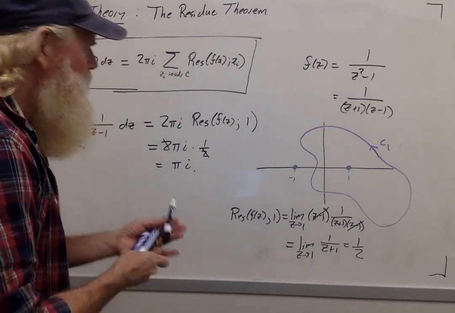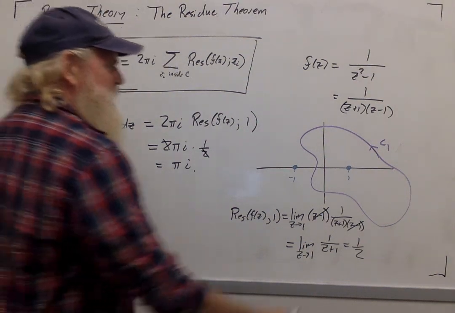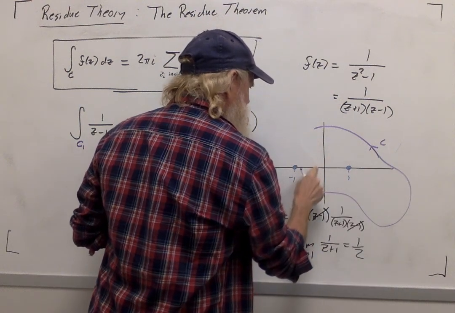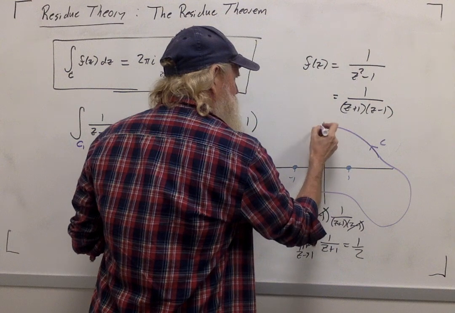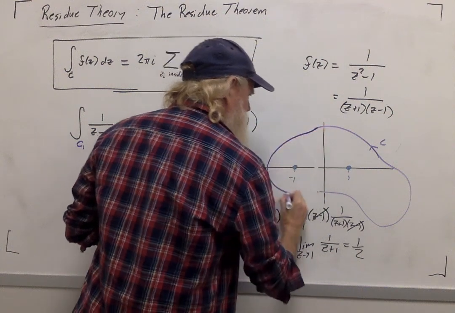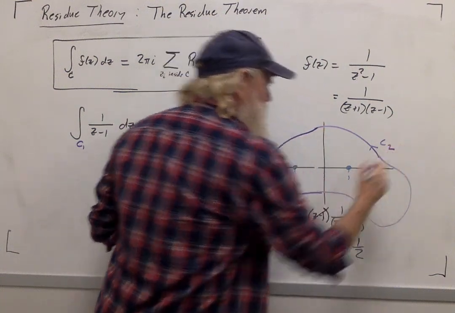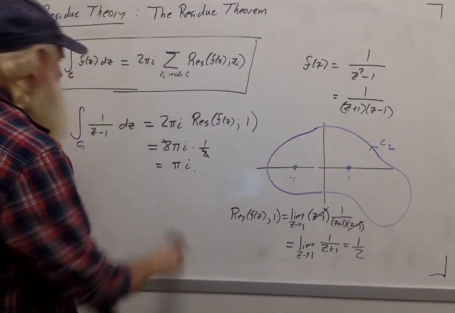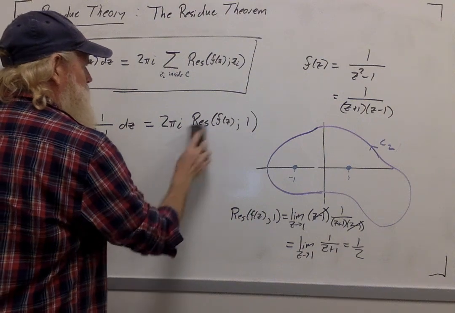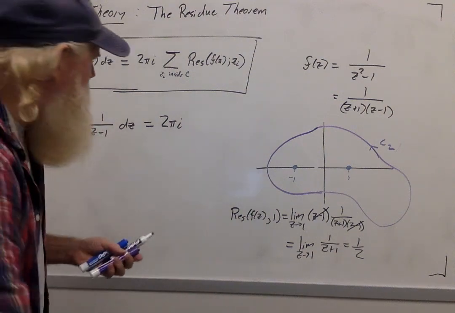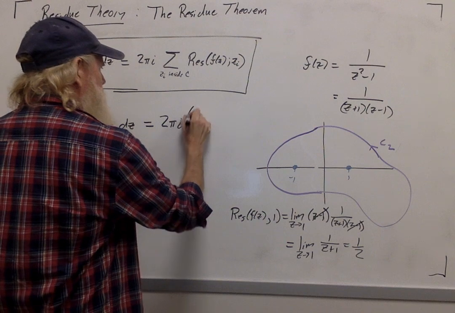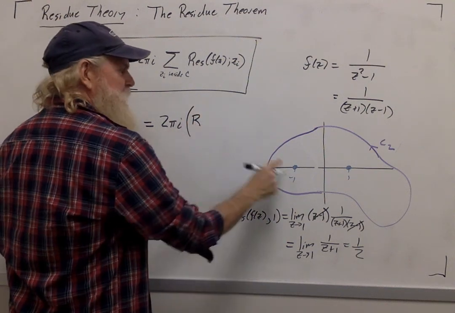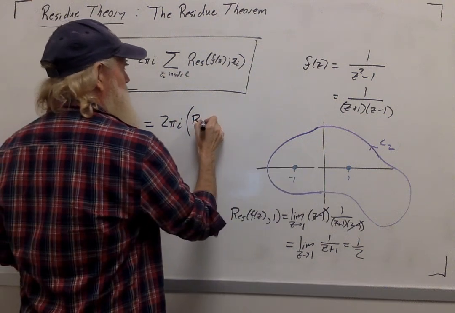Now, imagine instead of C1, I took this curve C2. Let me change it so that C2 goes around both poles. Well, now, when I apply the residue theorem, I take 2 pi i times the sum of the residues at both of those 2 points.